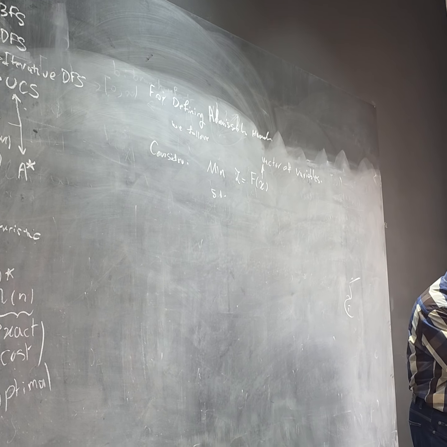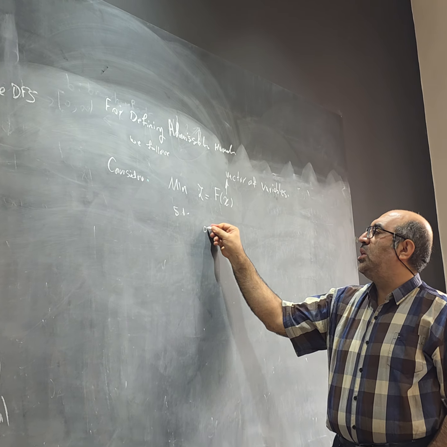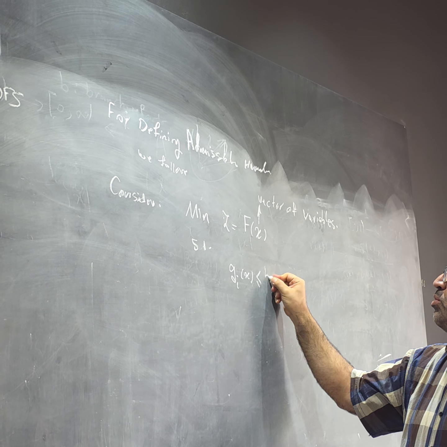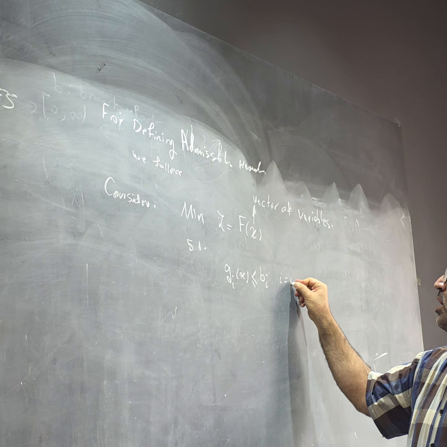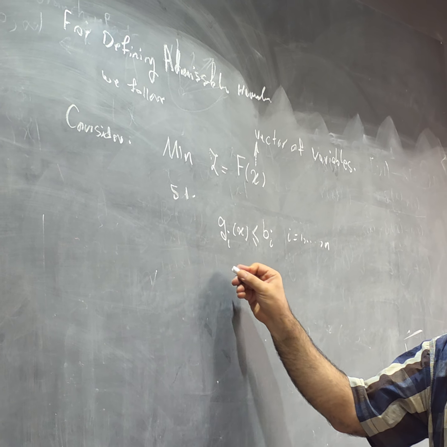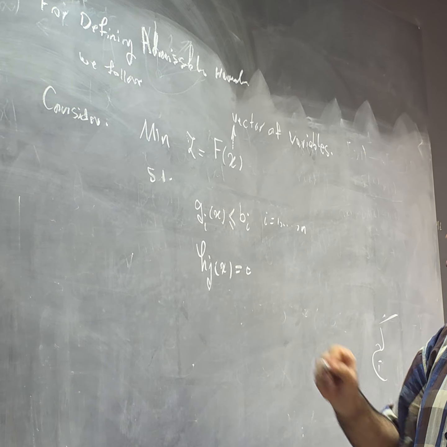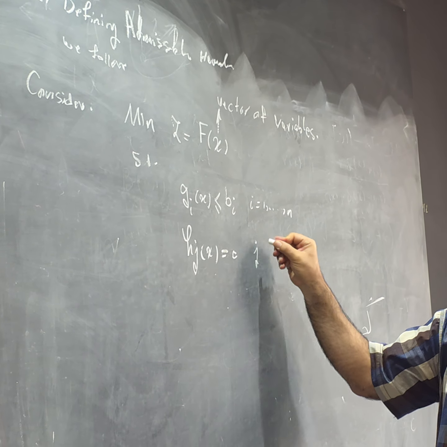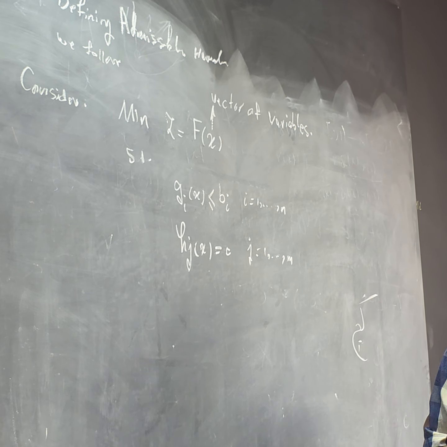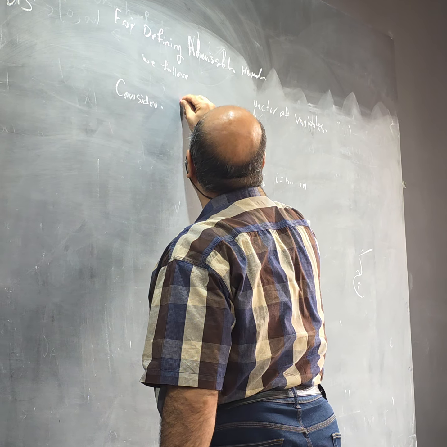Some of the constraints are inequalities and some are equalities. We say g_i(x) less than or equal to b_i for i from 1 to n, and h_j(x) equal to 0 for j from 1 to n. This is the original problem.